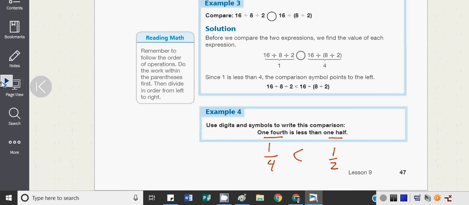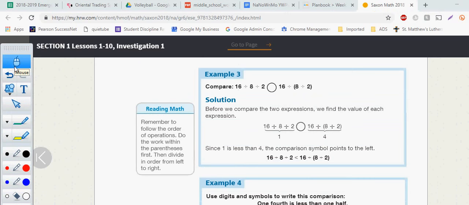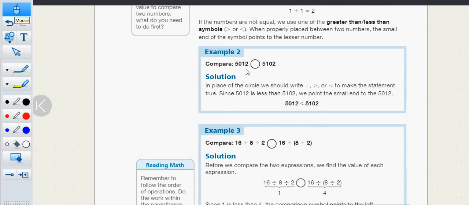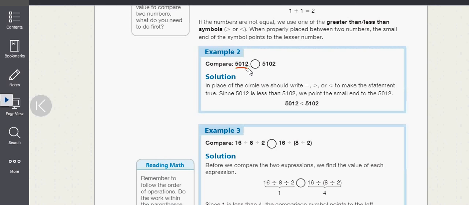Okay, just above here, they had a bigger number, not an operation, they were comparing, and I want to make sure you feel comfortable with filling in the circle here. We have 5,012 compared to 5,102. How can we tell which one's bigger, or are they the same? Well, the digits come in a different order, while all the numerals are the same if you shuffle them. This one puts a 1 here, and this one puts a 1 here. So it's a place value question.